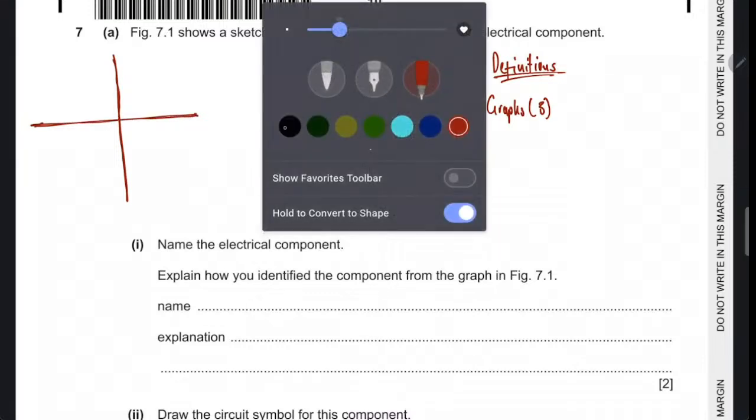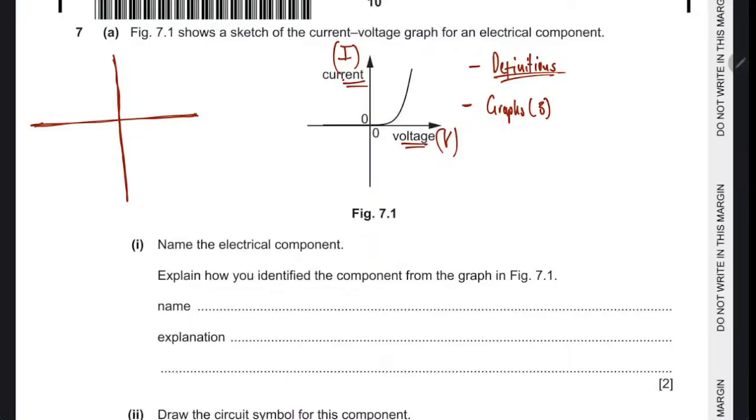Sometimes they can give you half or they can give you in full. If they give you in full, it'll be like this. This is the graph of an ohmic conductor. It's just a straight graph.